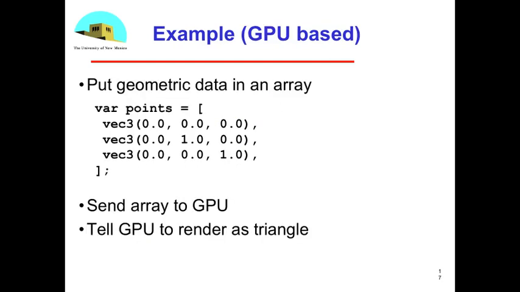So here's sort of the beginning of a GPU kind of example for the same thing. And the first part is easy. Well, if you want that same triangle, I'll just put it in an array. So in JavaScript, I'll have a JavaScript array, and I'll put in 3 points. In the library that we're going to use in this class, we have a vec3 type, which makes it a lot easier because it corresponds to things that are in the shader.